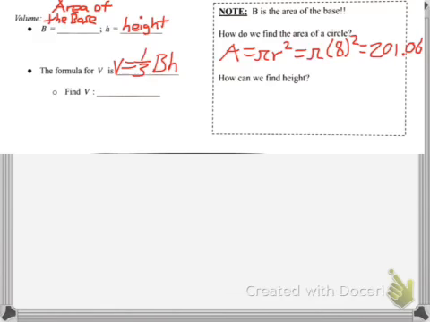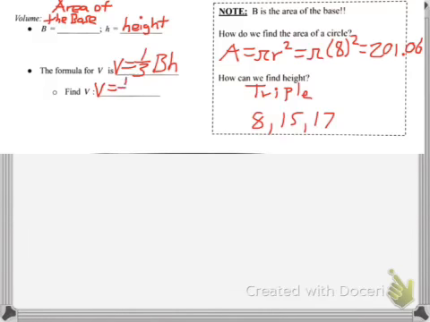We already talked about it a second ago, but how could we find the height? It would be a triple or the Pythagorean theorem. I'll just put that in this box right here since we've already discussed it. So now let's find the volume of this cone. We just figured out that capital B, the area of the base, was 201.06.